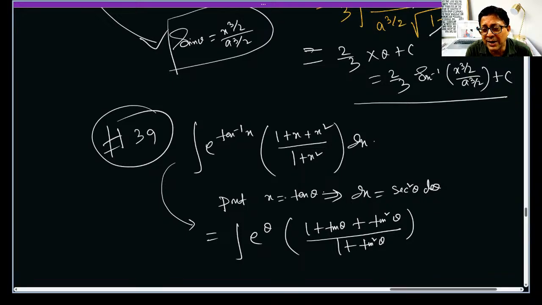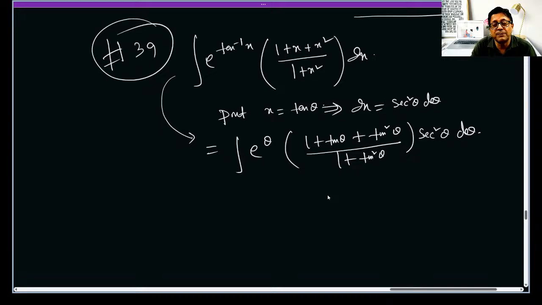Whenever e to the power some function of x is involved, be careful whether it is going to be of the form e to the power x into fx plus f dash x or not. If it is not of that form, it's a very easy sum. Normally e and a function given means that it can be changed to e to the power x into fx plus f dash x form.